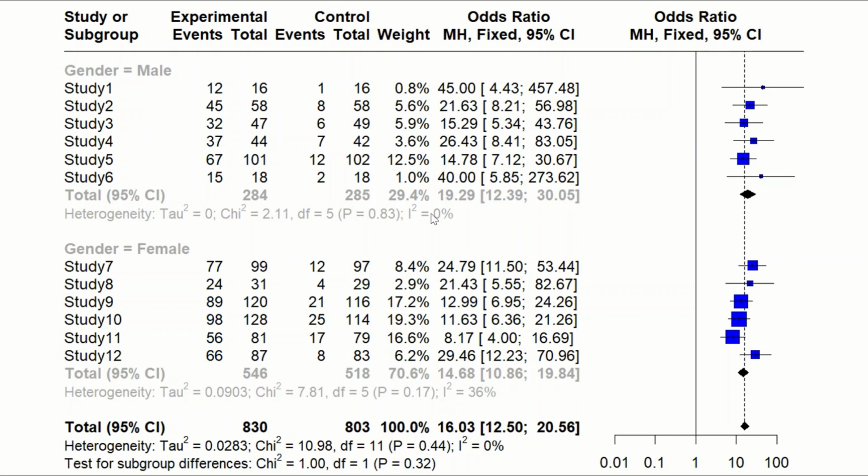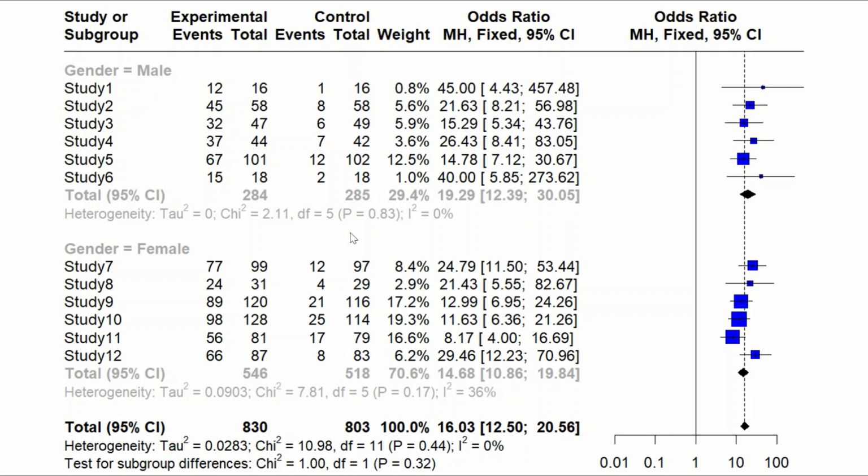So as shown here, there is a variation between males and females for this intervention or treatment when the effect size calculated is the odds ratio. So this method of subgroup meta-analysis will section the studies and will give more details and will calculate the overall odds ratio or effect size for each subgroup and then compare them.